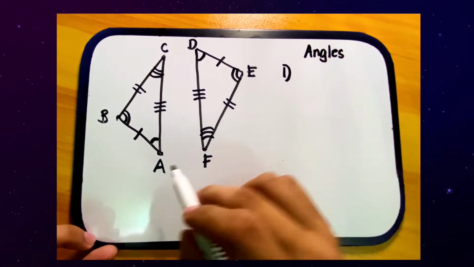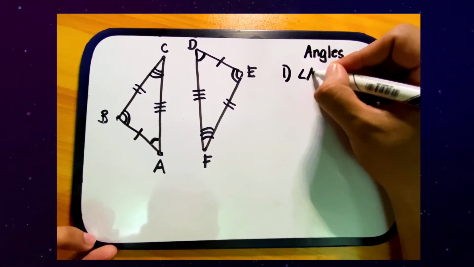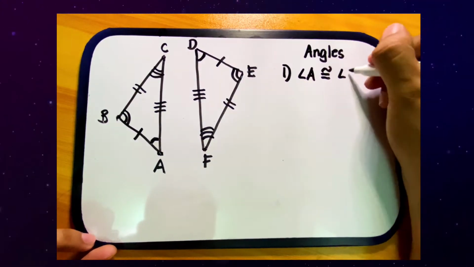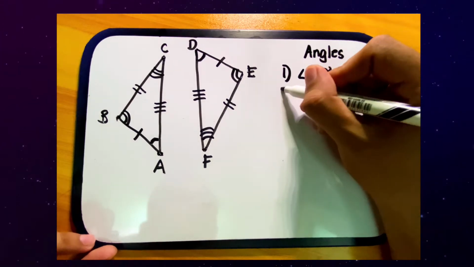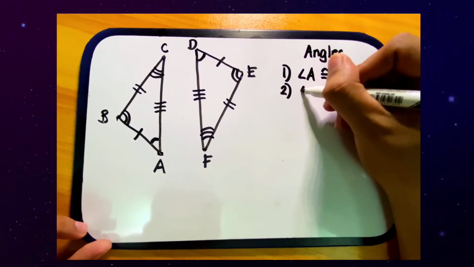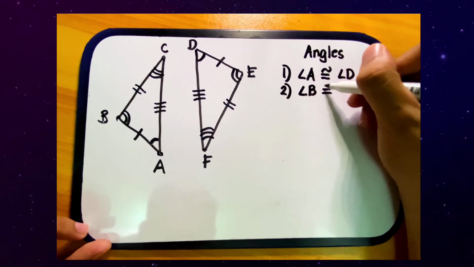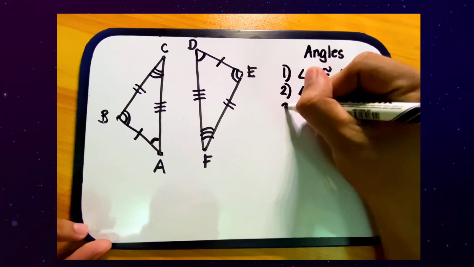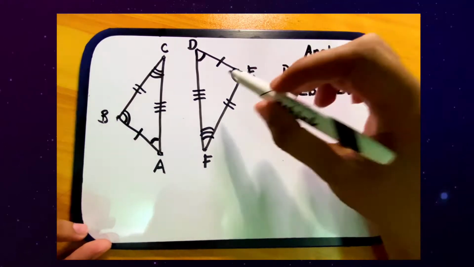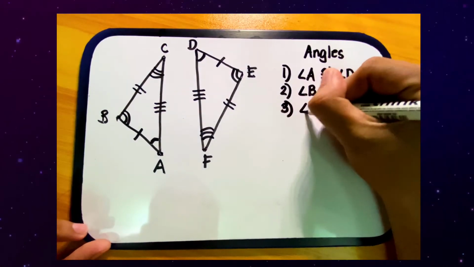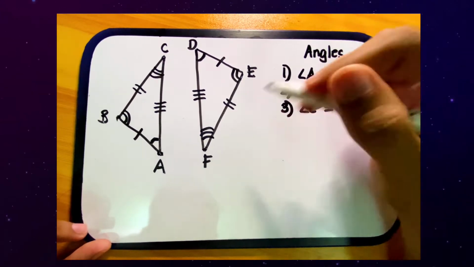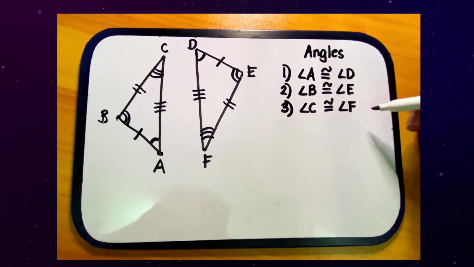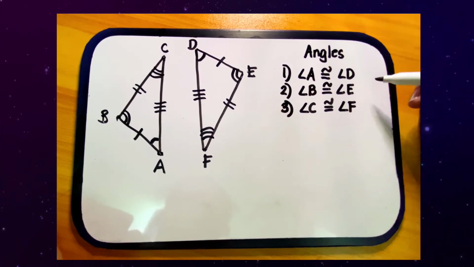Number one, angle A is congruent to angle D. For number two, angle B is congruent to angle E. For number three, angle C is congruent to angle F. So these are the three pairs of angles that are congruent.